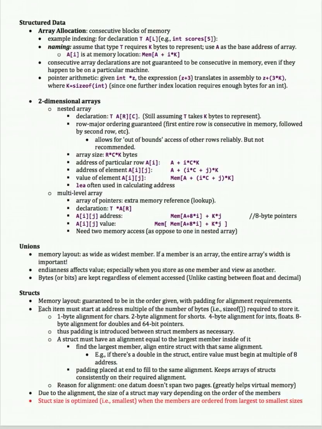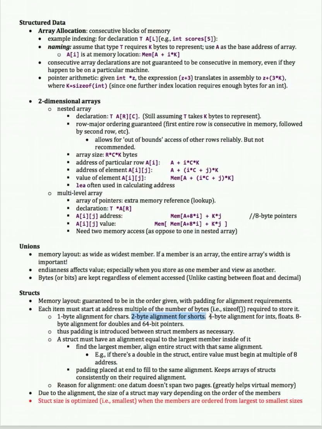and because of the alignments, what alignment means is that each item or member must start at an address that is a multiple of the number of bytes required to store it. For example, a character can start at any byte. However, a 2-byte short must start at multiples of 2.